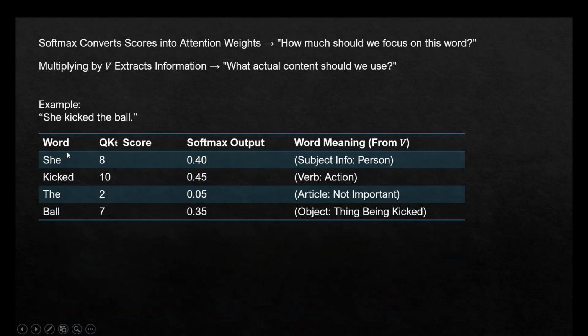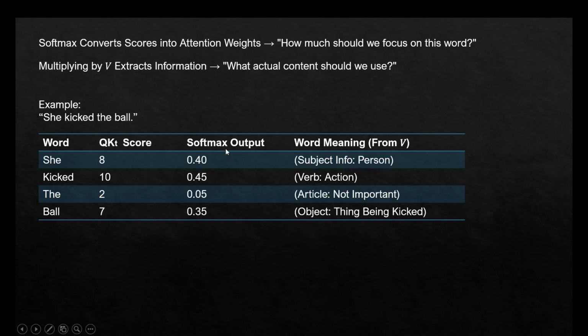Alright, so for each word you have your query-key score, and this is a lot of numbers, right? But if you have it scaled between 0 and 1, which is the softmax output, it's easier to compare them. Okay, so of course kicked with itself has the highest score, but whatever. Right, and she has the second highest score, which is 0.40, and that's great.